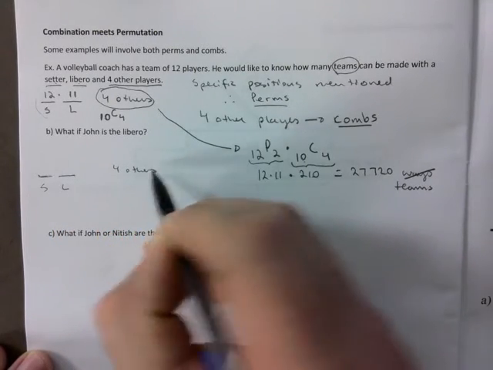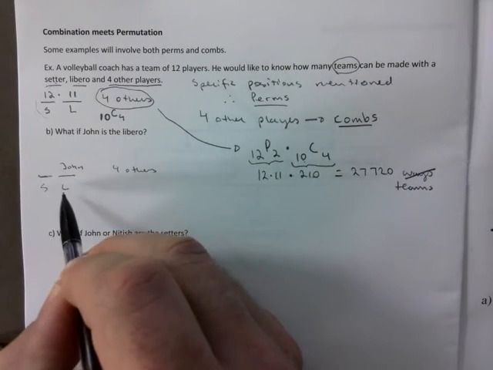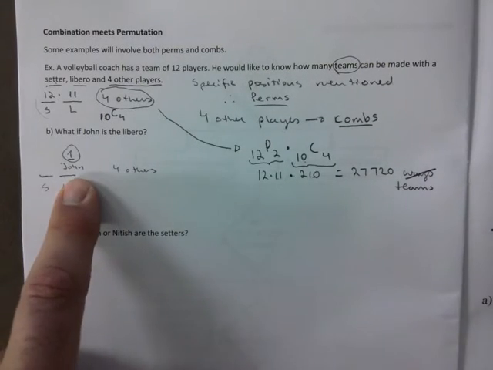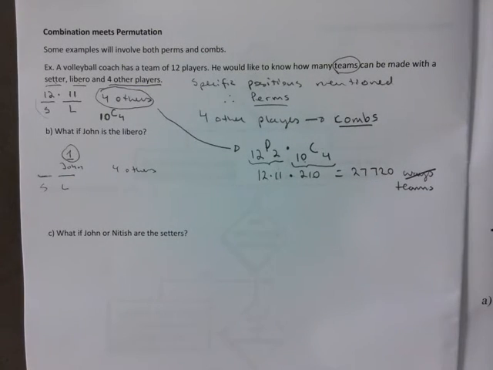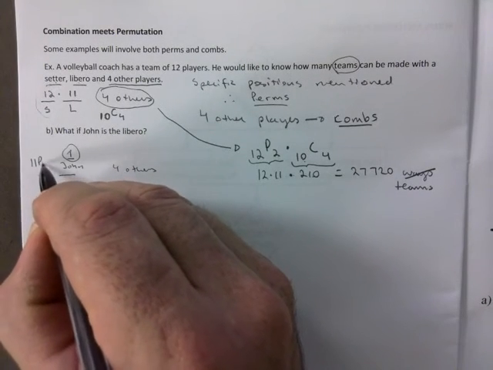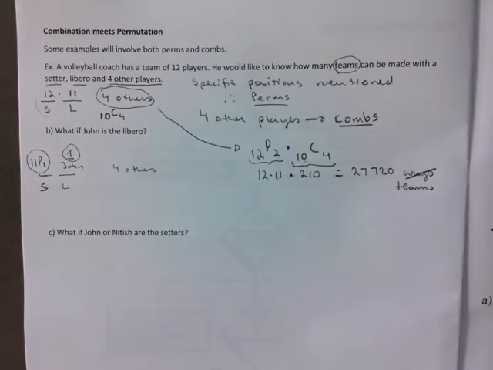4 others. So John is the libero. So there's only one option really, right? So that needs to be fulfilled first. If there's something mentioned like this player must be that, it means that you have 11 pick 1 to fill in this spot right here for the setter. Okay.